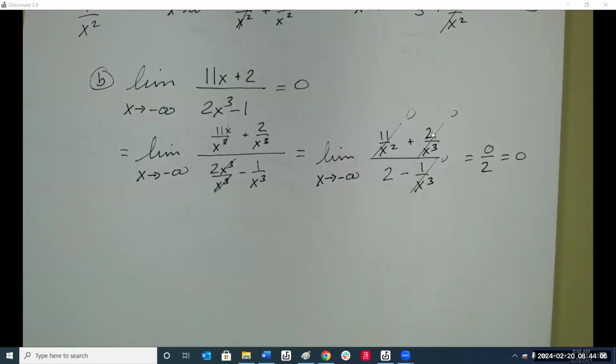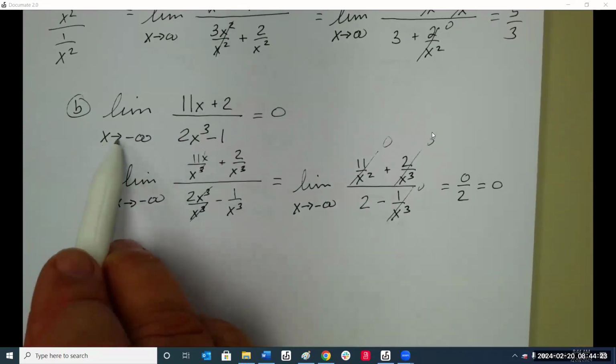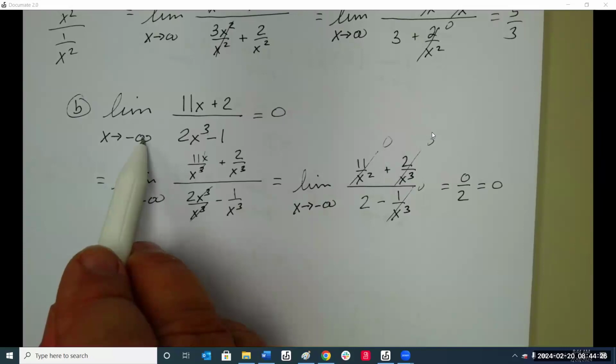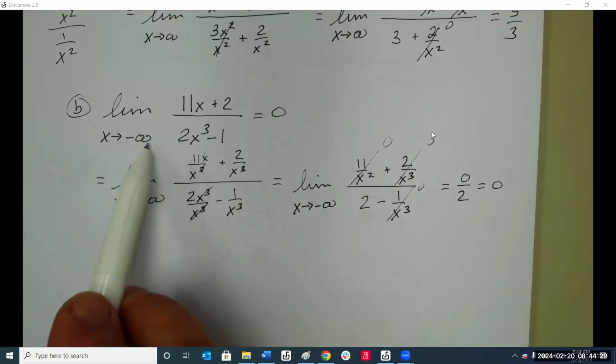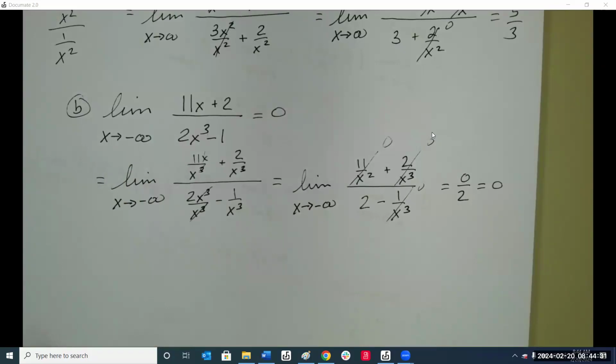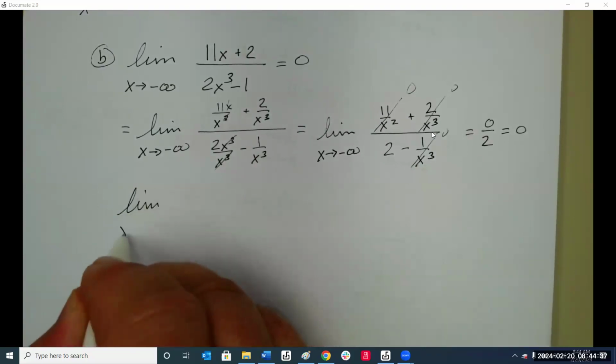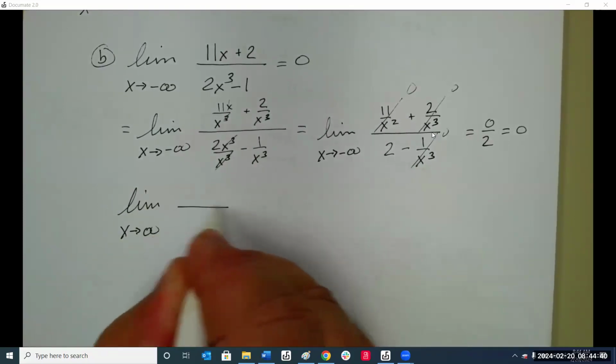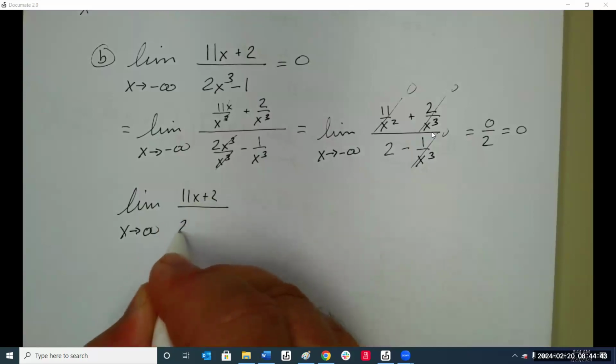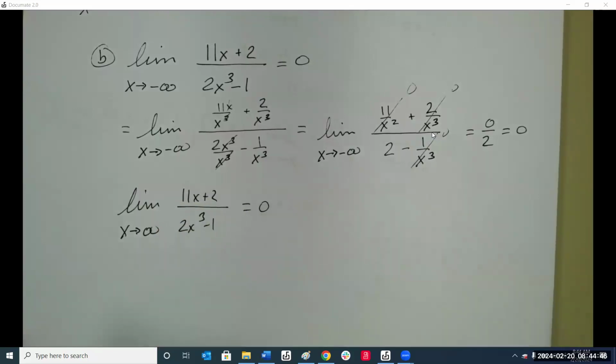So what have we just defined? What did we just look for, and what did we just find from algebra? Because I can tell you, if we looked for x going to positive infinity instead of negative infinity, we'd still get 0.